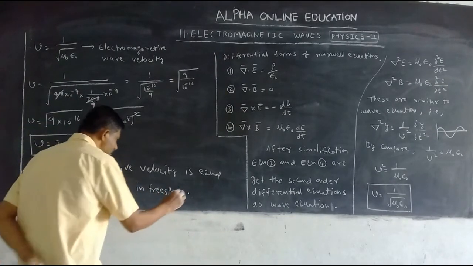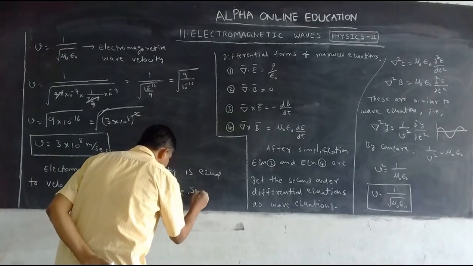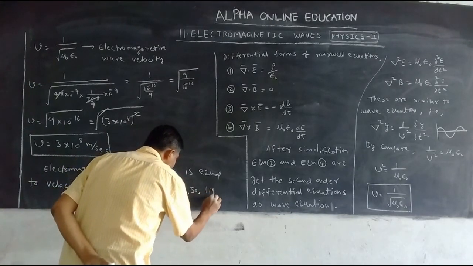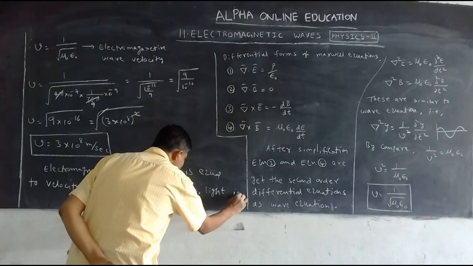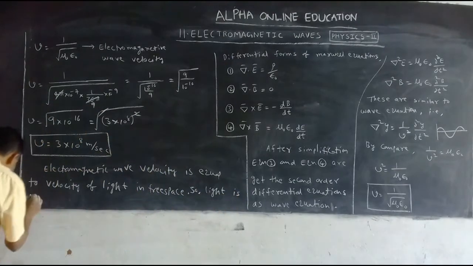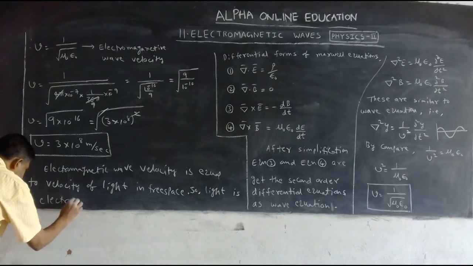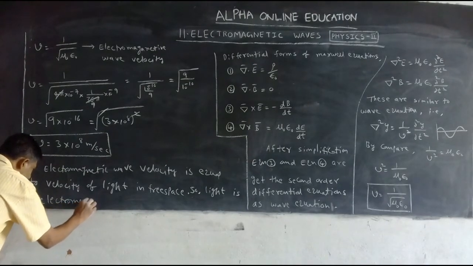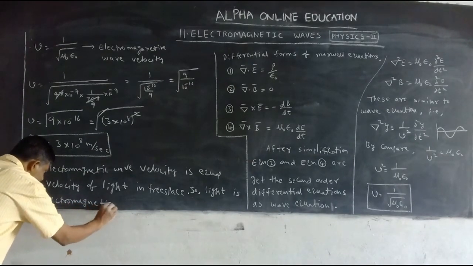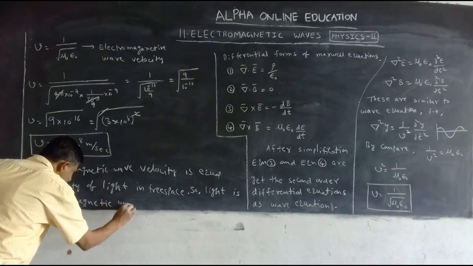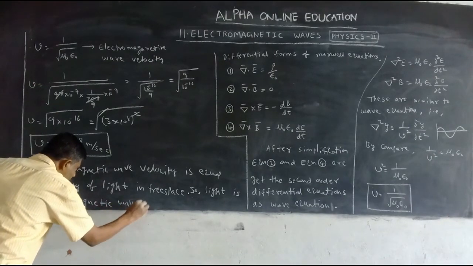So light is an electromagnetic wave. Okay, light is an electromagnetic wave.